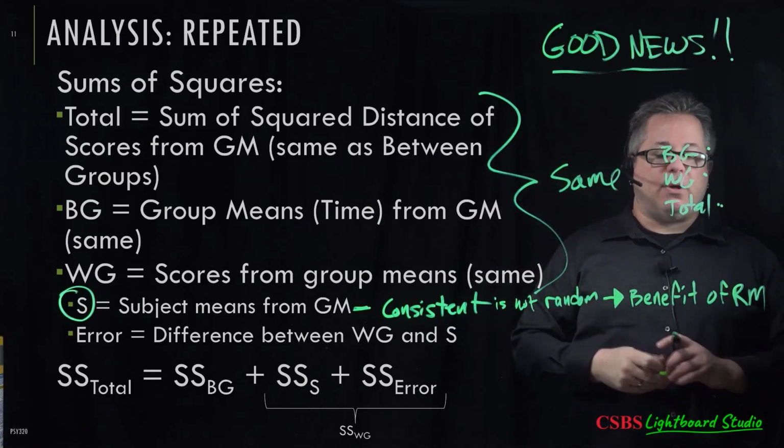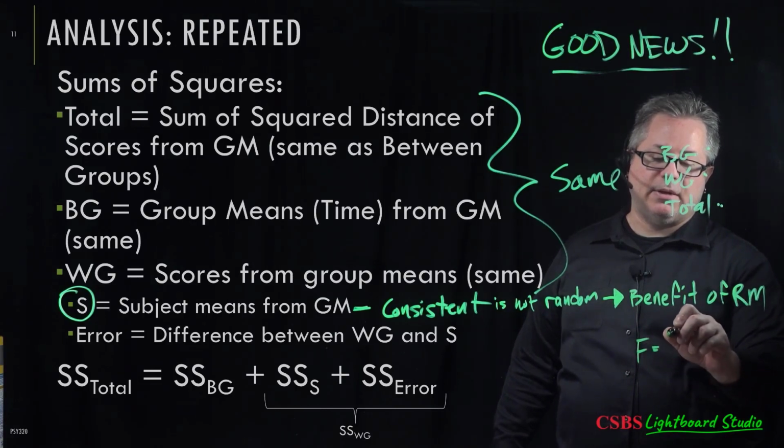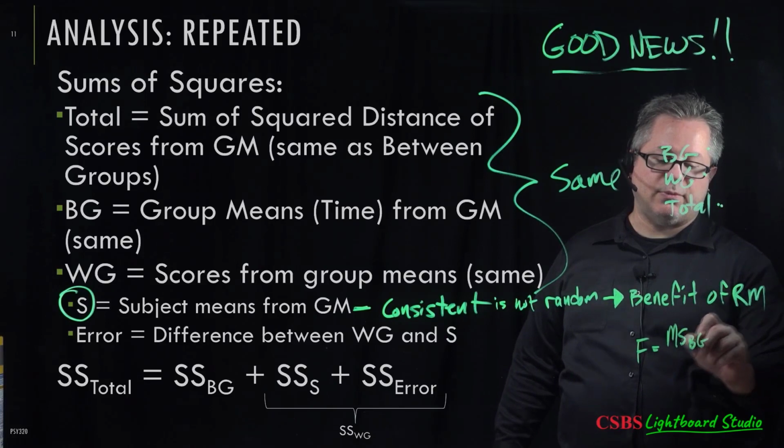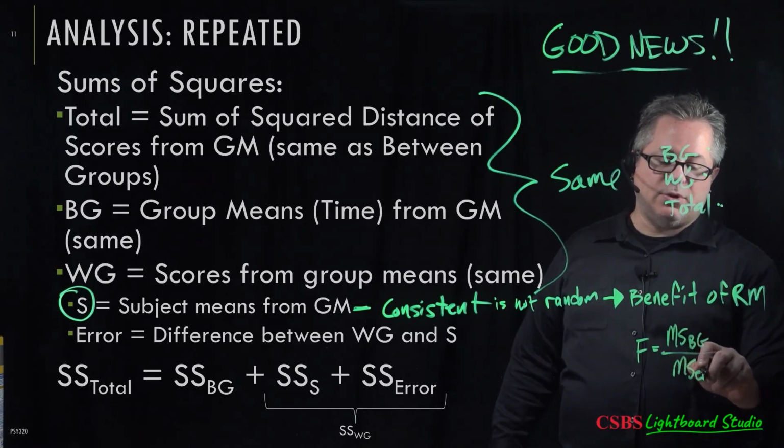When our error term is smaller, remember that our F is going to be our mean square between groups still, like it was before, over our mean square for this new error.